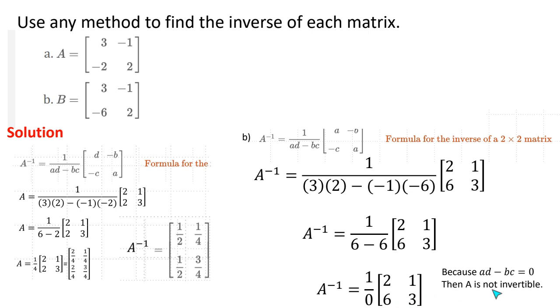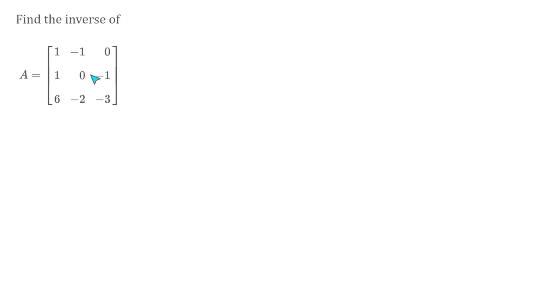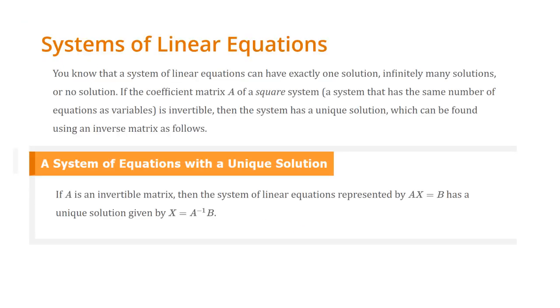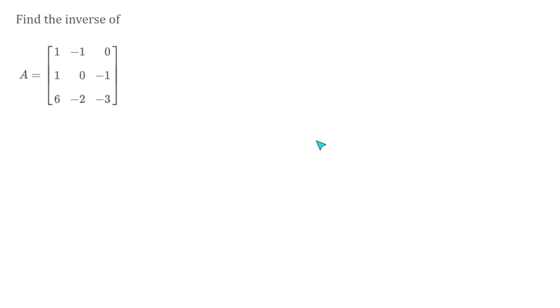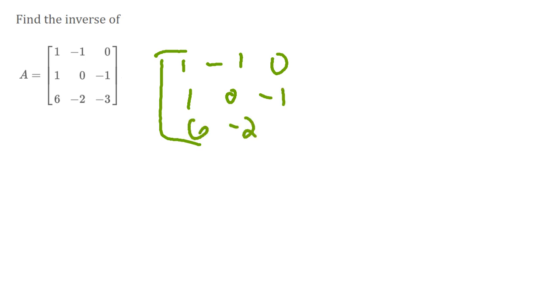And so we say that the inverse does not exist, and we say that that means that it's not invertible, doesn't have an inverse. Now for something like this, find the inverse of a 3 by 3. Then for that one, you would have to attach the identity matrix.